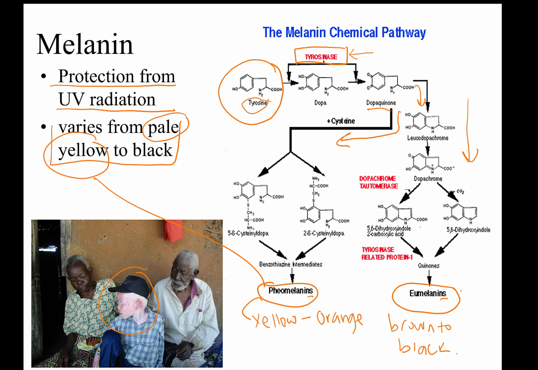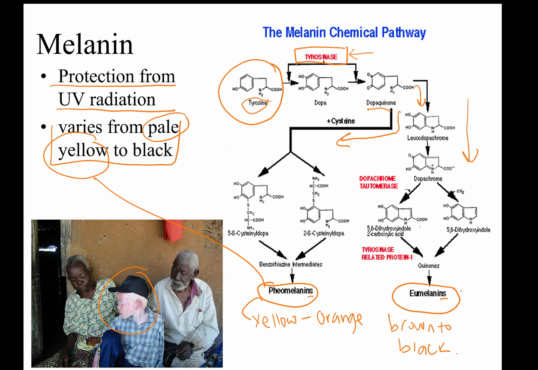So these individuals are very fair-skinned. They have pink irises because there's no melanin in their iris. That makes their vision very sensitive to light, and they have increased risk of melanoma because they don't have any protective pigments in their skin.